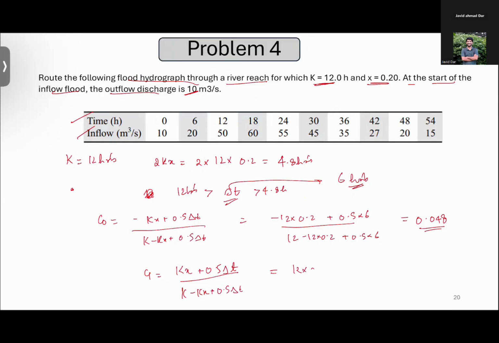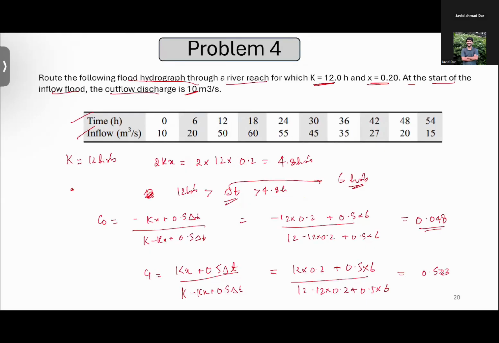If you put in the values, this comes out to be 0.429.